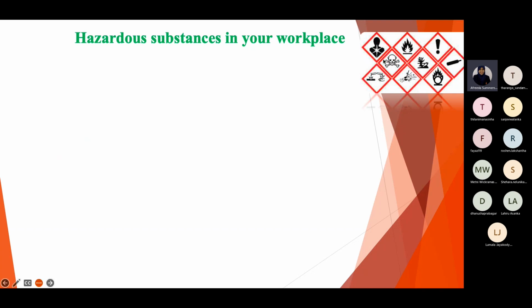So this is a common sign that you see in the labs as well as in the healthcare sector. This skeleton, as you call it, if you see this, can somebody tell what this means? Someone who is very familiar. The skeleton, what does this mean? The most common toxic.